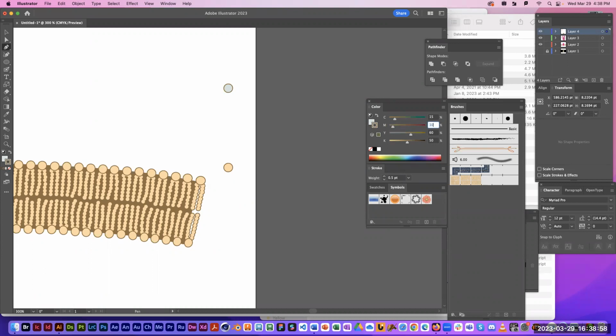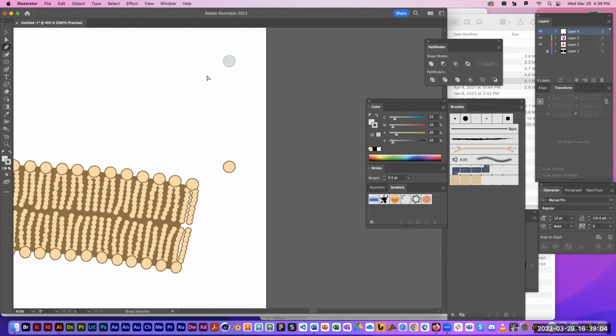Let's see. So now I've got something that has a fill, which is almost the same blue as the background that I'm going to use. And then I've got this tan one with a darker outline.